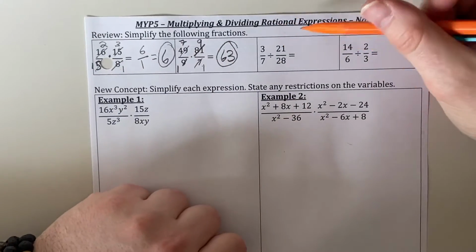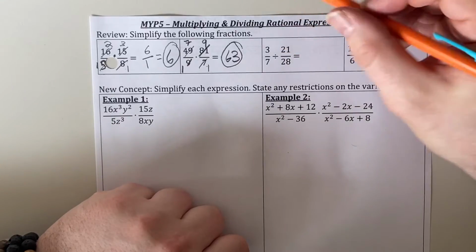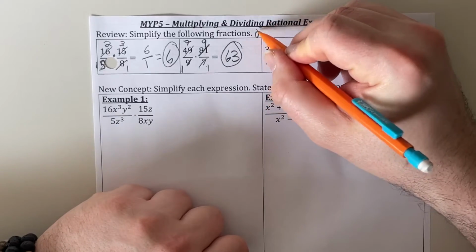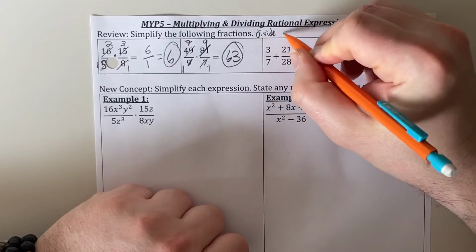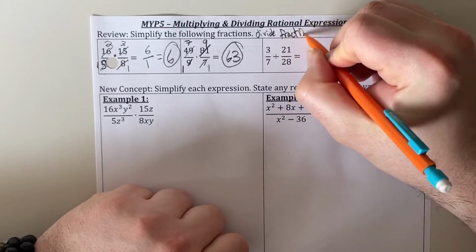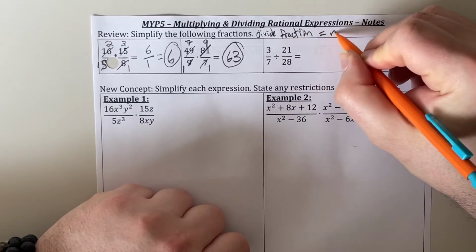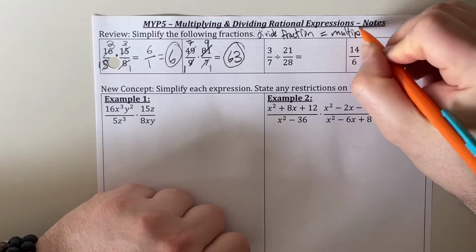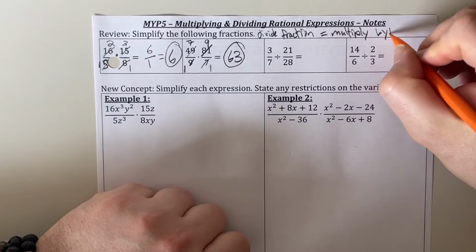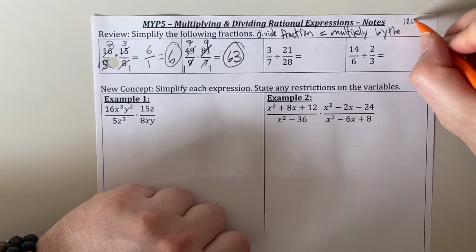Anytime you have dividing fractions, make sure you multiply. So divide fraction is the same as multiply by the reciprocal.